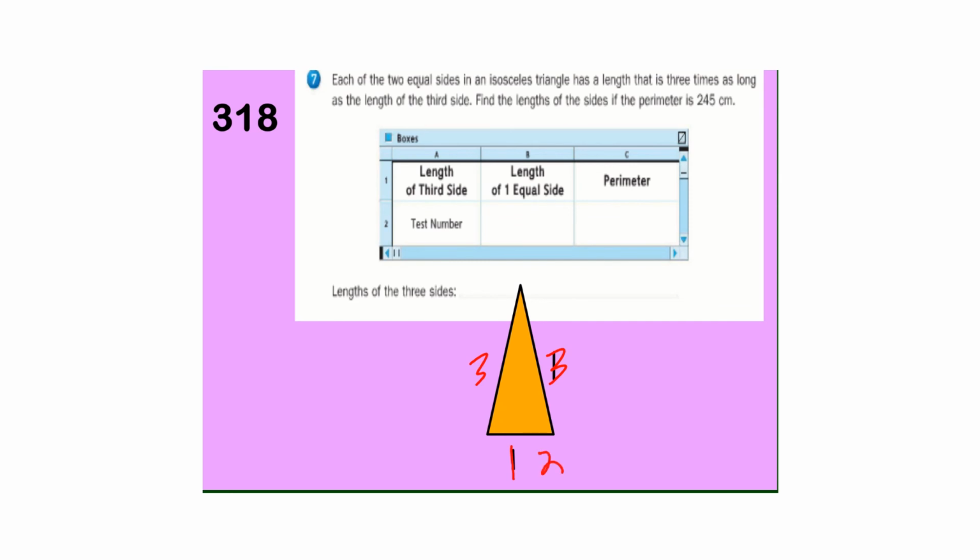If this was 2, these would be 6. They want to find lengths if the perimeter is 245. So we're going to add up all 3 sides and get 245. Go ahead and pause and try to do that one. The answers are $35, $105, and $105.